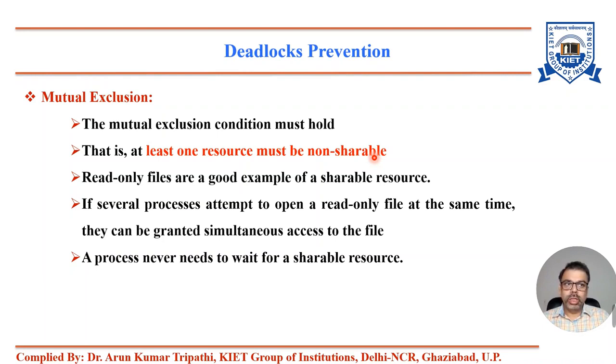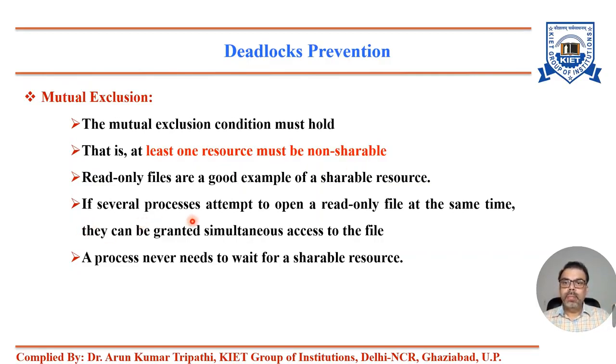Here we are considering a shareable resource in the system. If the system has a shareable resource, we can prevent deadlock by sharing the resource. We can avoid the mutual exclusion condition, and that's why we can prevent the deadlock.